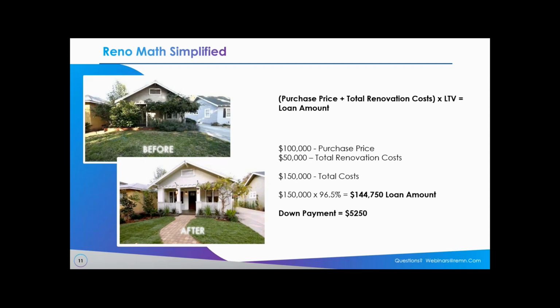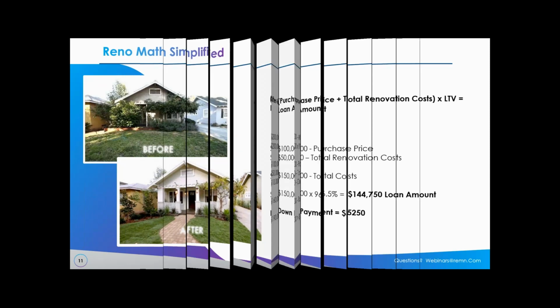So in this scenario, we have $100,000 purchase price plus $50,000 in total renovation costs for a total cost of $150K times 96.5% LTV on a 203K, and we are at a loan amount of $144,750 with a down payment of $5,250. All right, so again, on a purchase, down payment is based off of purchase price plus total renovation costs.